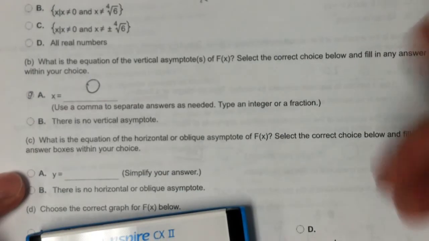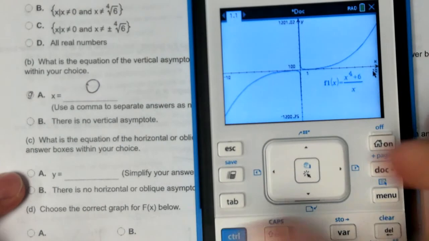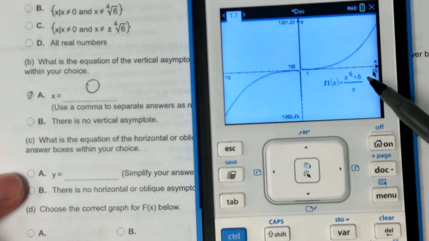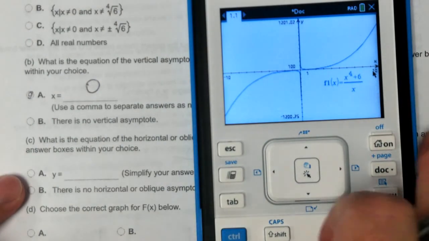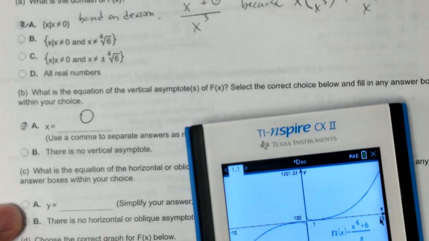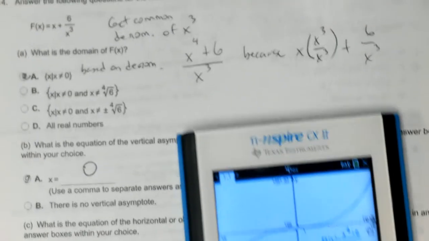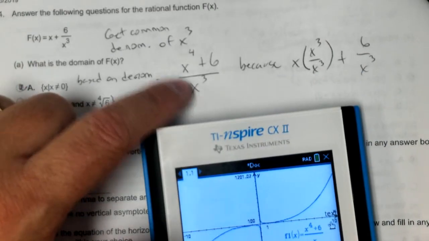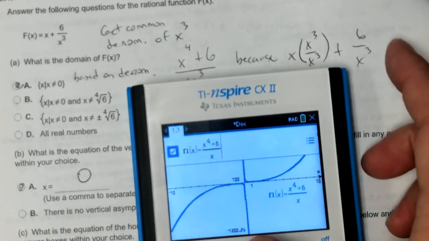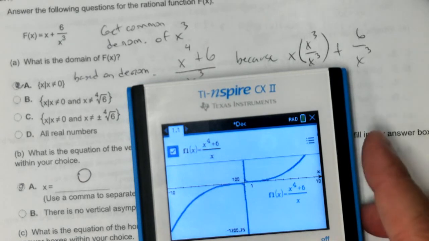And then for the horizontal or oblique, we need to do our... Wait. I just noticed that I just put x there, and I should have put x cubed. Yeah, let me fix that real quick. x up arrow 3.